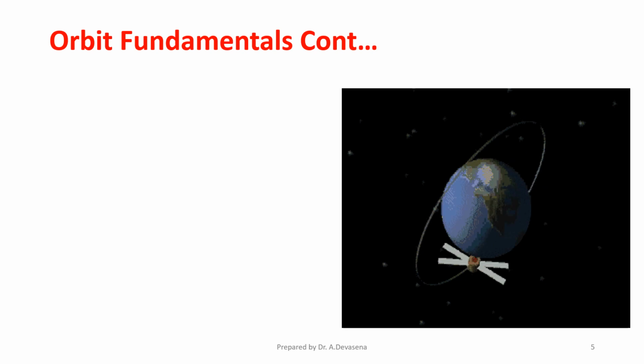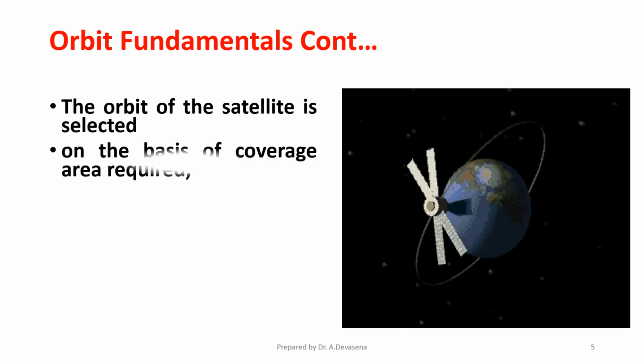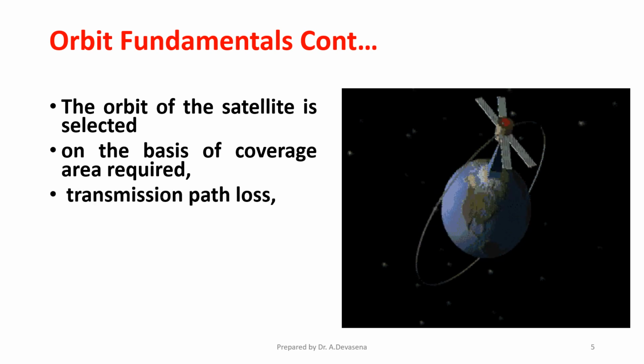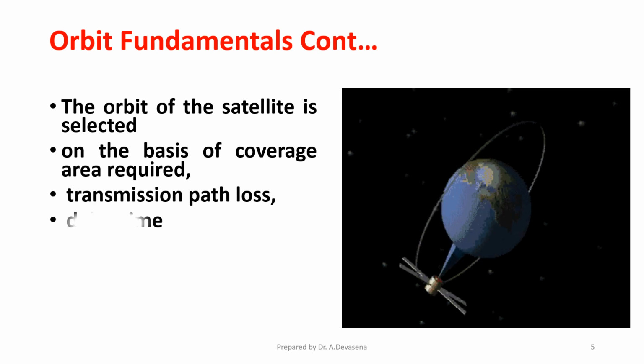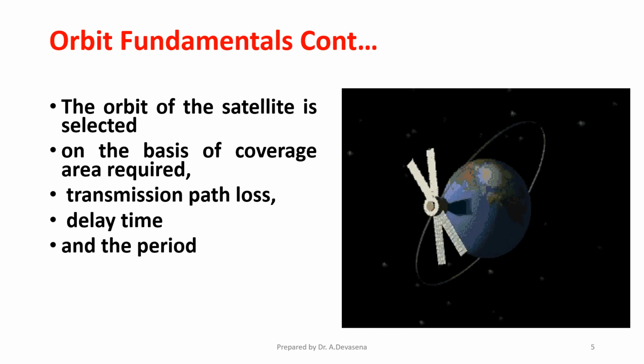The orbit of the satellite is selected on the basis of coverage area required, transmission path loss, delay time, and the period for which the satellite is visible from the point of Earth.